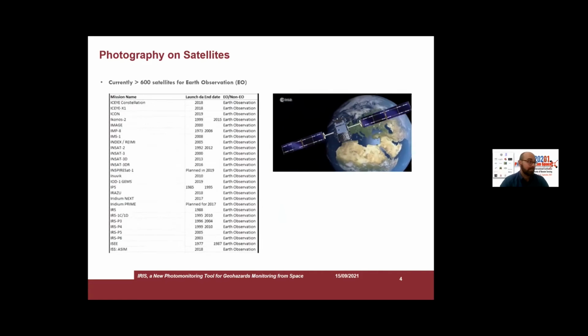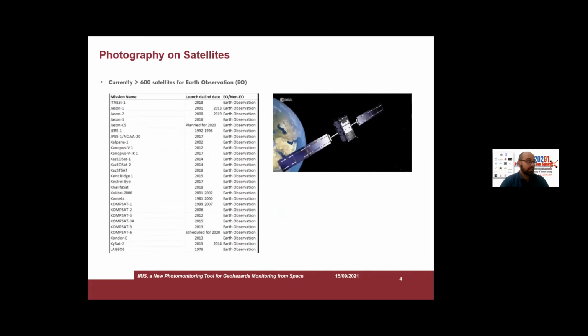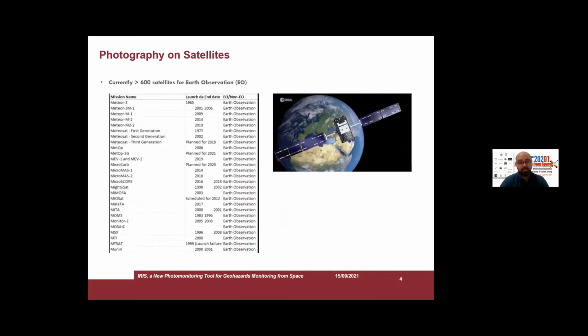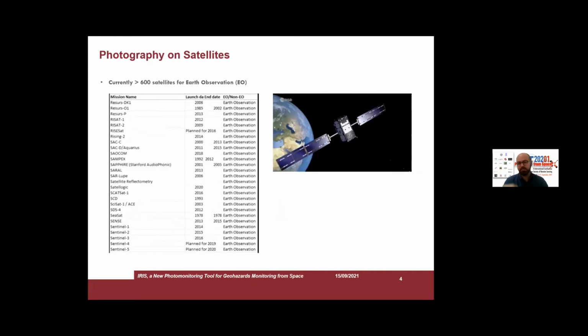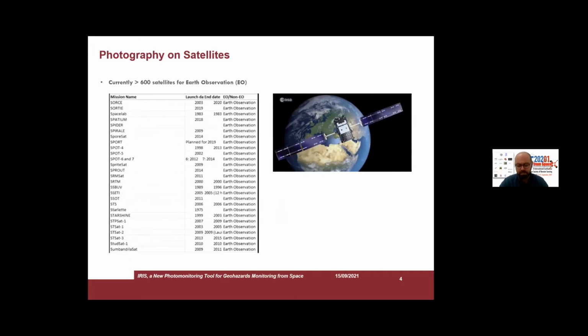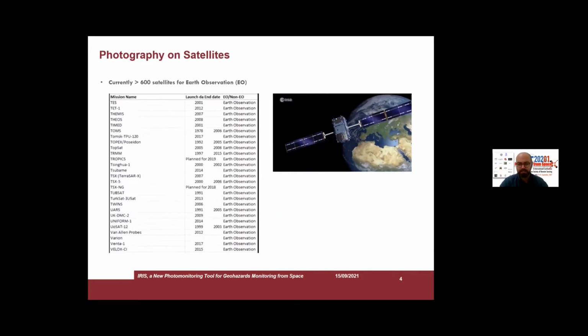At present, we have more than 600 satellites for Earth observation, with optical sensors, hyperspectral, SAR, and so on.